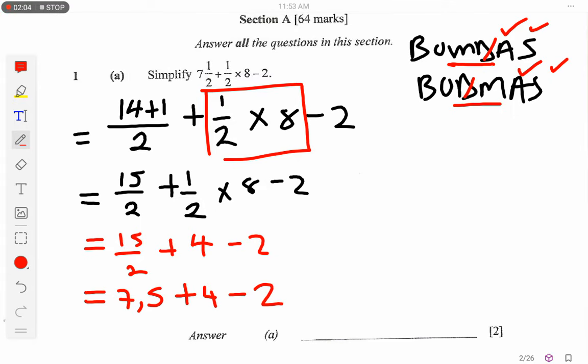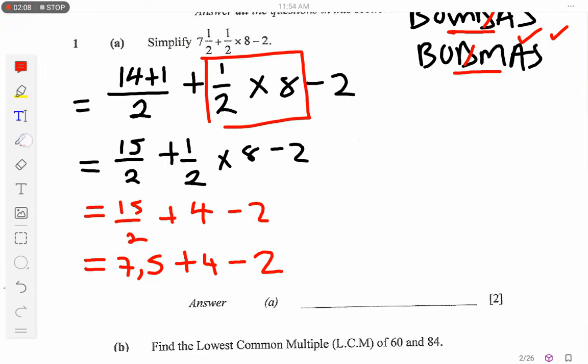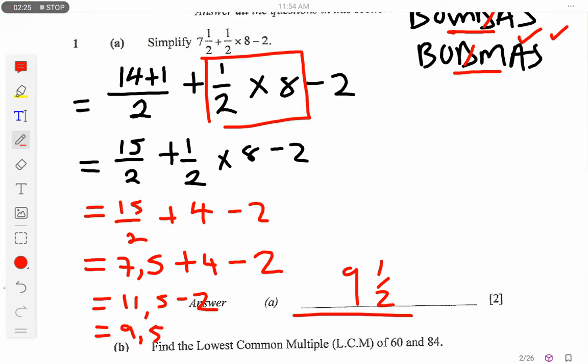So you find out you get 7.5 plus 4, you get 11.5. Then minus a 2, you get yourself a 9.5. If you want, you can also write it as a fraction. Then you have simplified. Why? Because our question was also in fraction.